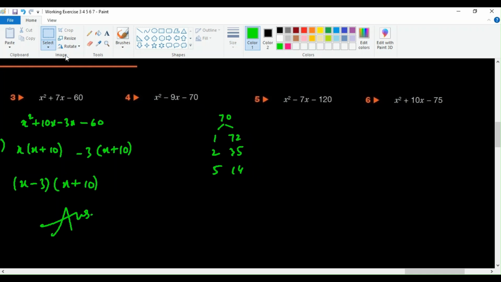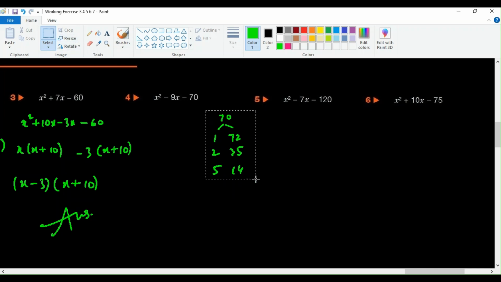And 14 divided by 5. 70. So 14 and 5 gives us 9.